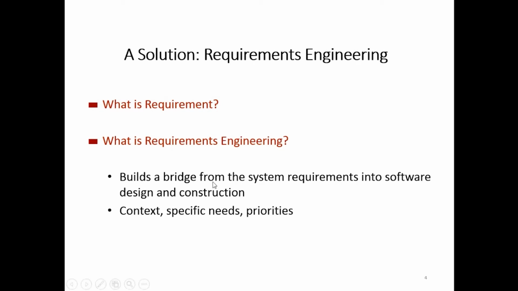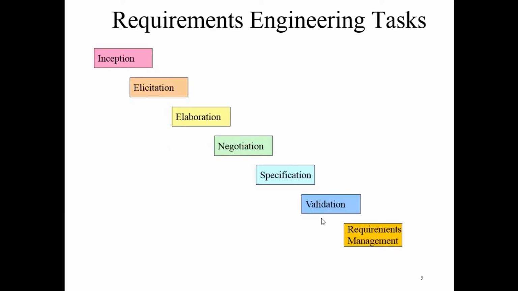It also focuses on the specific needs that design and construction are going to address, and the priorities that guide the order in which the work is going to be completed. So all those things come under requirements engineering: the information, function, and behavior that will have some specific impact on the resultant design, right?